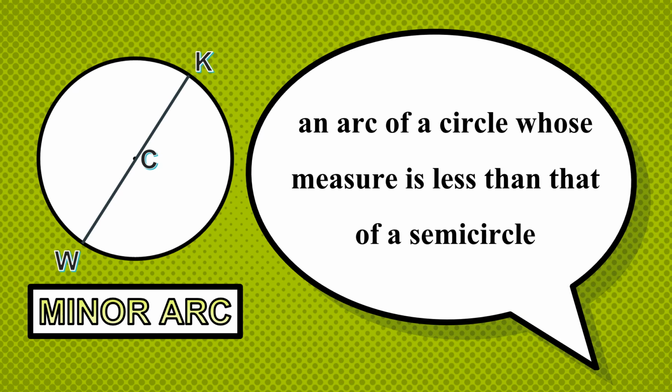Minor arc naman natin is an arc of a circle whose measure is less than that of a semicircle. So kung ito ay semicircle, at may point dito, minor arc ang tawag dito sa K. Ayan, papuntang K kasi mas maliit siya kaysa sa semicircle. Tapos, this is another minor arc as long as hindi lumalampas ng kalahati.